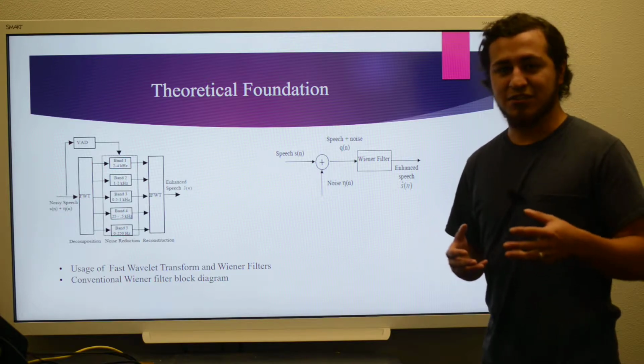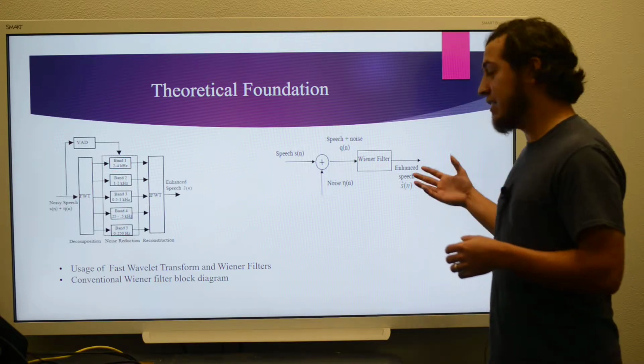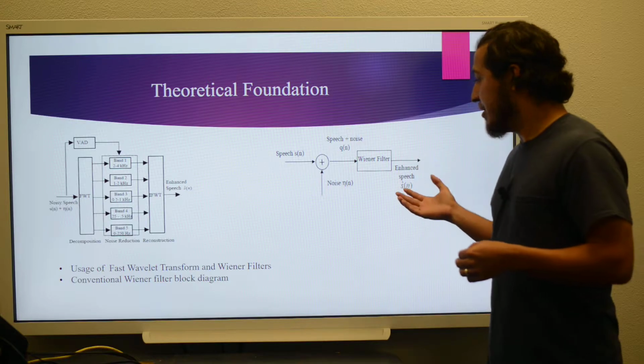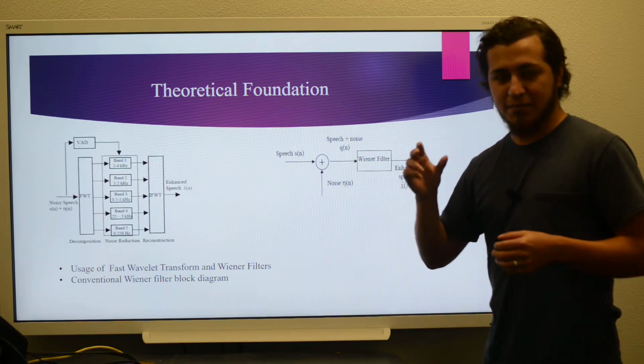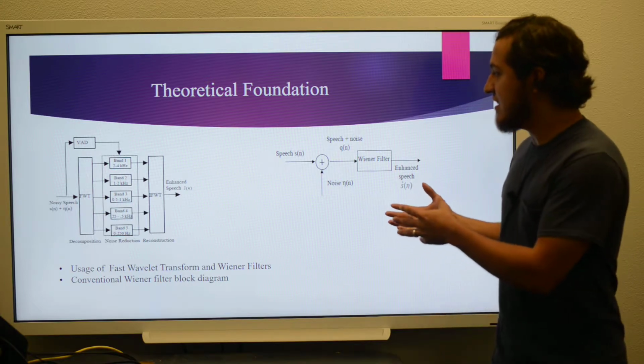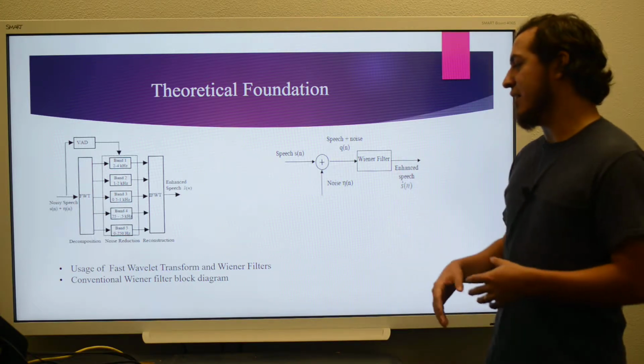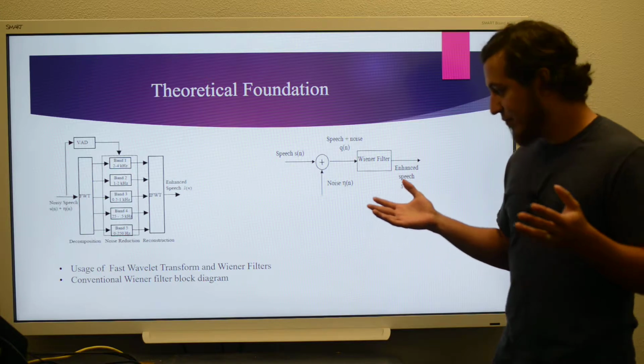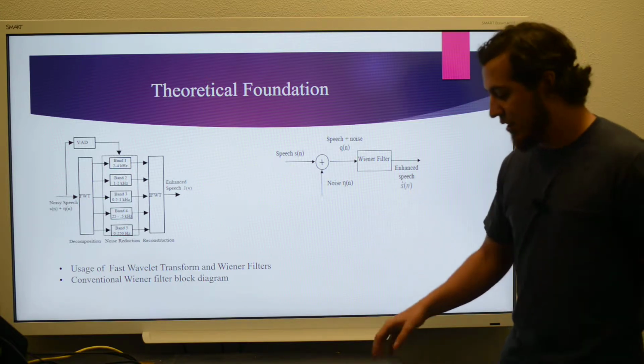Typically they're still random, so the output will also be random. But the Wiener filter works by minimizing that randomness. This is the basis of what the authors applied in their method for speech enhancement.